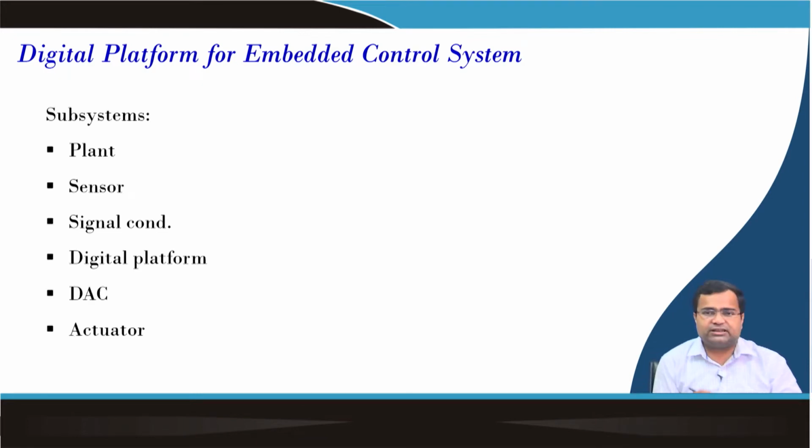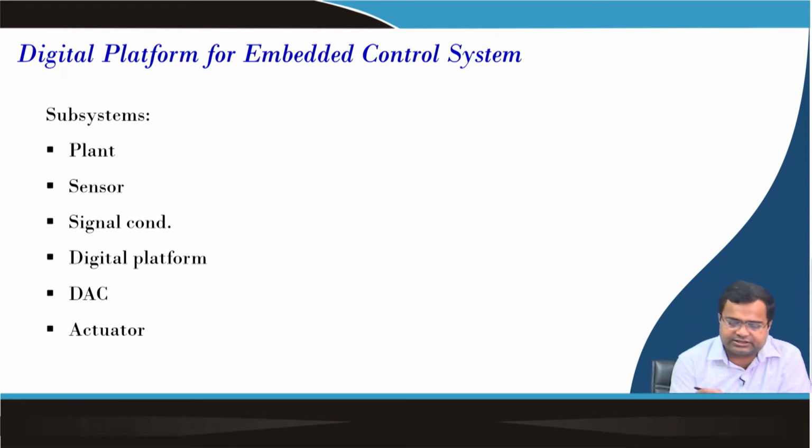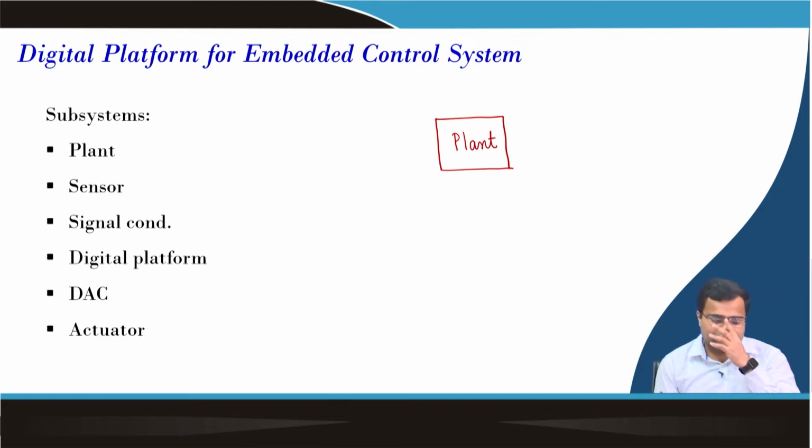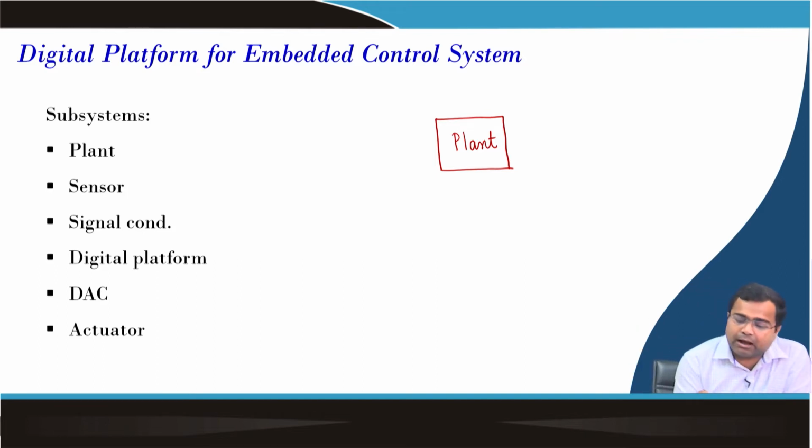So, if we consider any control system, whether it is a power converter or in typical consideration, we will have one which is called plant. So, this is like our plant, and in this case it can be simply our power converter. Then after the plant, suppose we have some output.